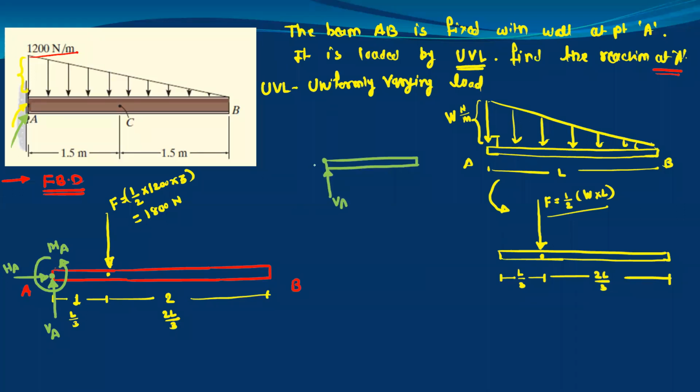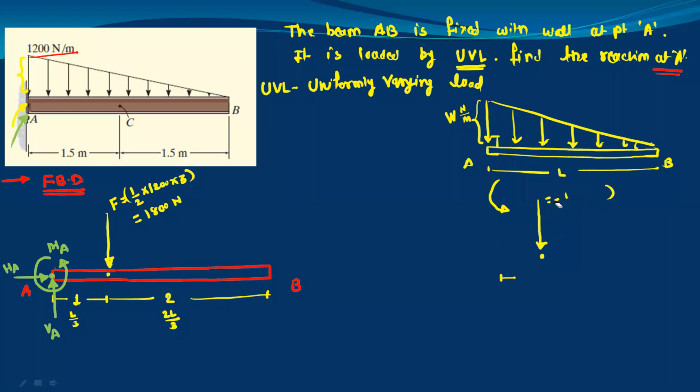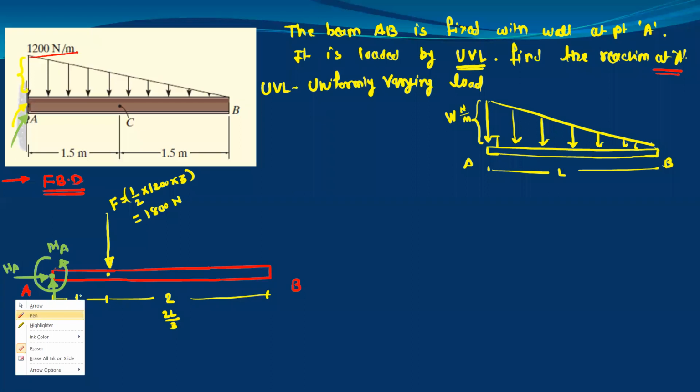If this is VA, you can consider HA positive, and you can draw the moment to be clockwise. Here I have drawn the moment anti-clockwise. So here we have converted this UVL into point load.